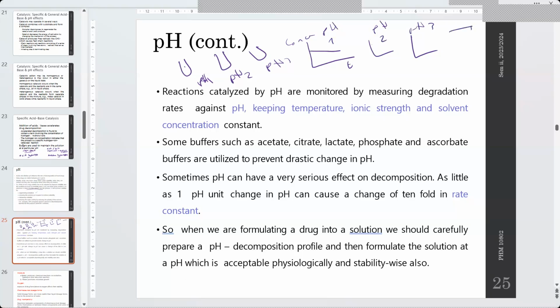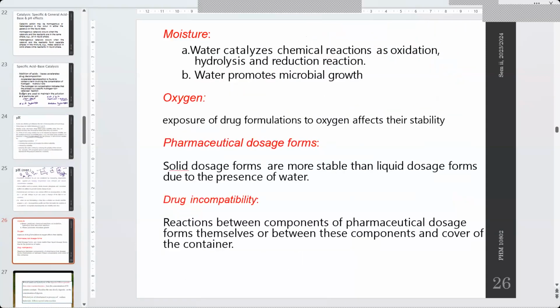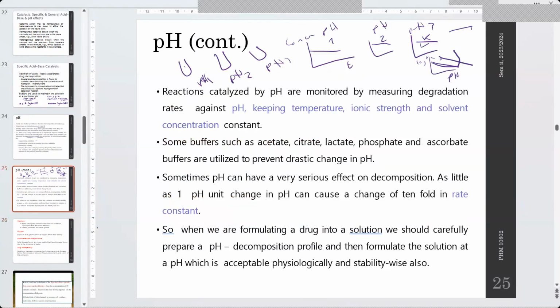I determine the K for each of them, and then I can plot the log K versus the pH. I see the change in K with pH. So it may have this shape, it may have this shape, whatever. And then I choose the pH with the best stability, the least degradation rate. Okay? So this is what we call a pH decomposition profile.